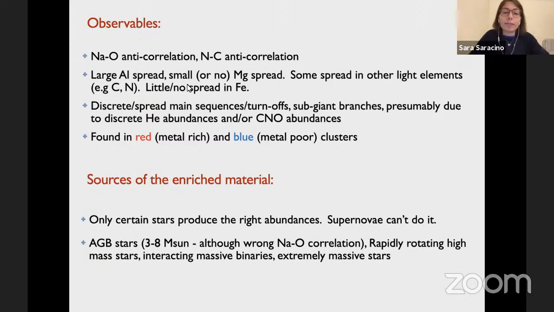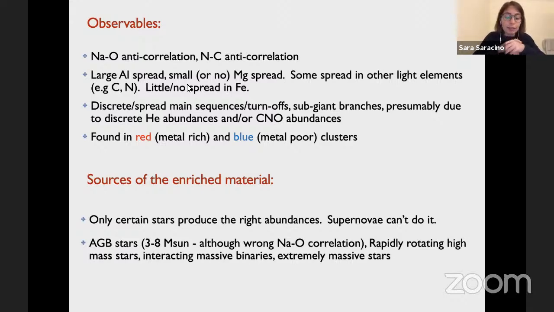So, okay, just to recap and go back to multiple populations, we have a list of observables from all the observational studies that have been done so far. We see anti-correlations between different elements like sodium and oxygen, or nitrogen and carbon, which are the more popular ones. But we also see some other elements varying, like magnesium or aluminium, but for example no spread in iron or calcium, and this can already tell us something about which stars make this abundance variation happen within the cluster.